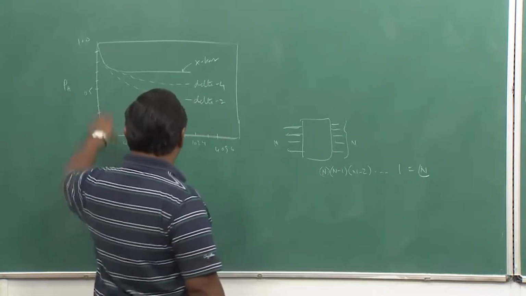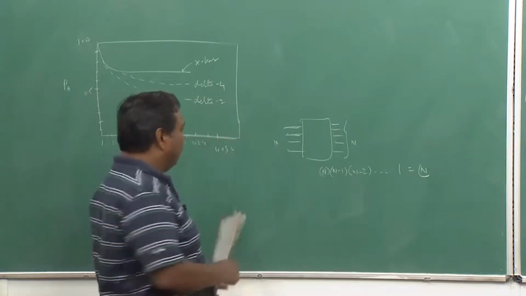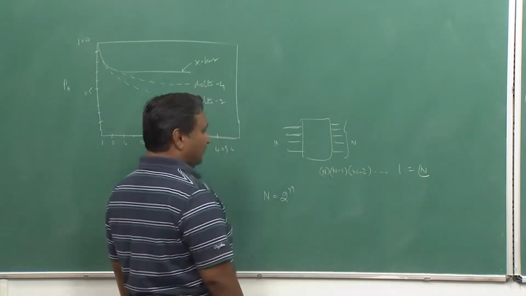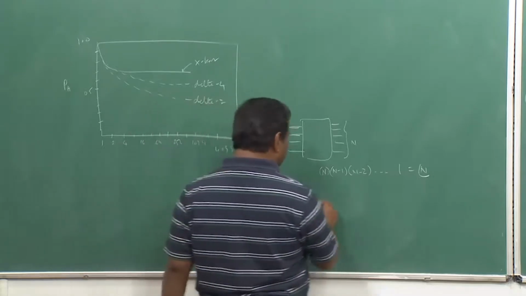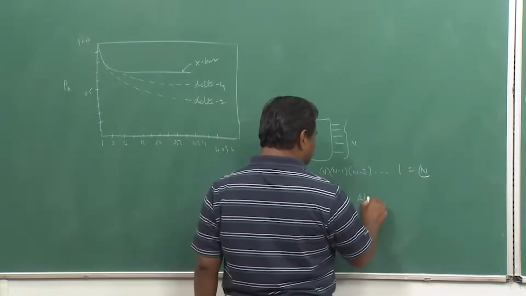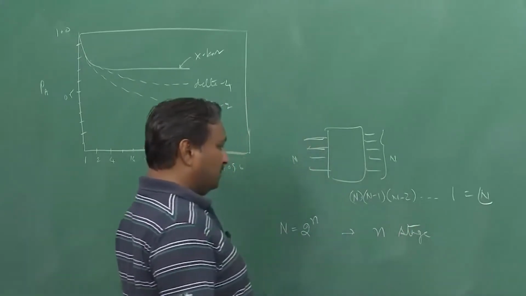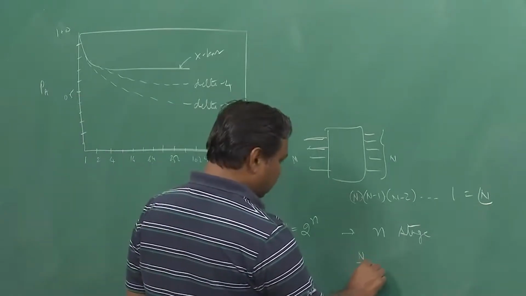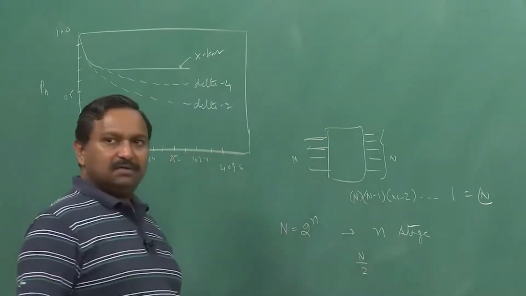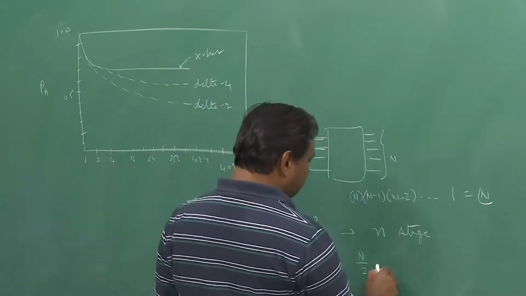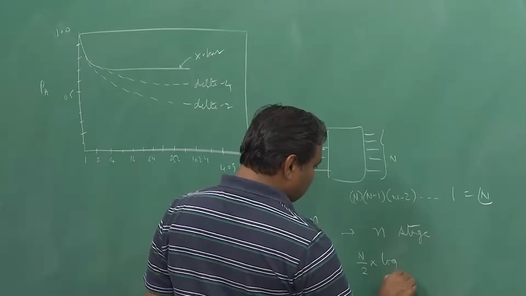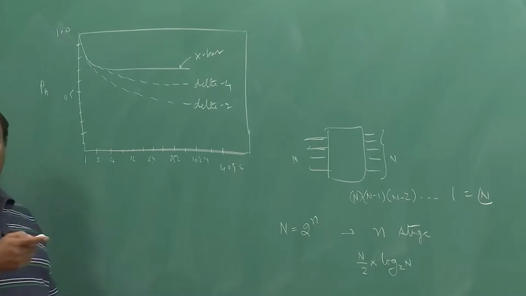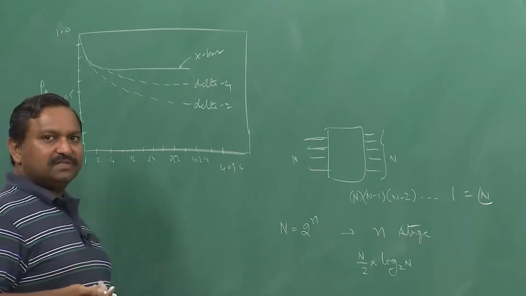While if you look at the delta network, delta 2 for example, and n is equal to 2 raised to the power small n, with 2 by 2 switches you are going to have n stages, and each stage will have n by 2 switches. The total number of switches will be n by 2 into log 2n, and each switch can have two states, either cross or bar.